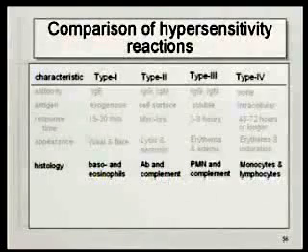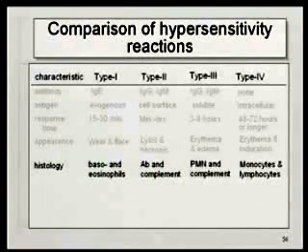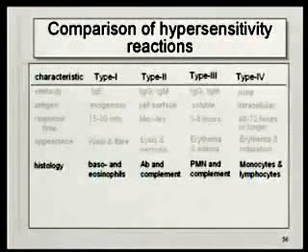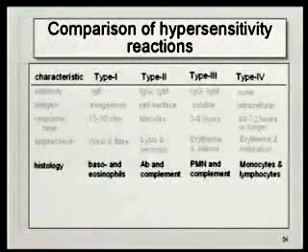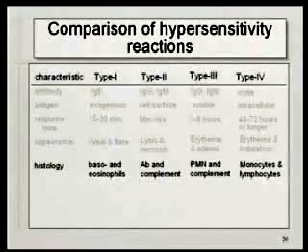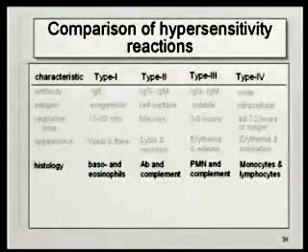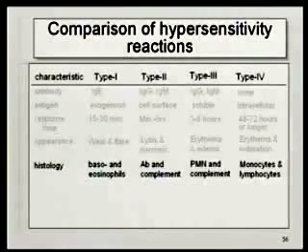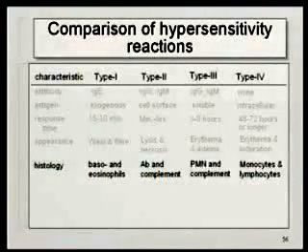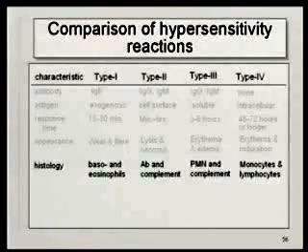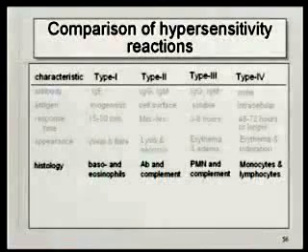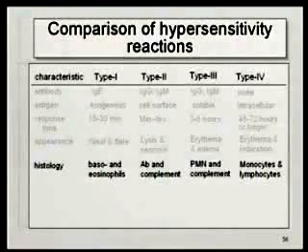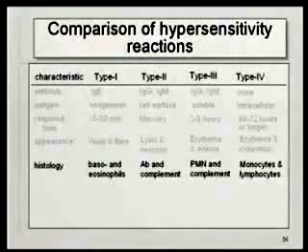In the case of type 2, antibody and complement are involved, but then they will attract some neutrophils because of activation of complement by the alternative pathway. In the case of type 3, again, immune complexes are formed, and they attract neutrophils because of activation of complement there. In type 4, quite different picture. There are mononuclear leukocytes, lymphocytes, and monocytes or macrophages.